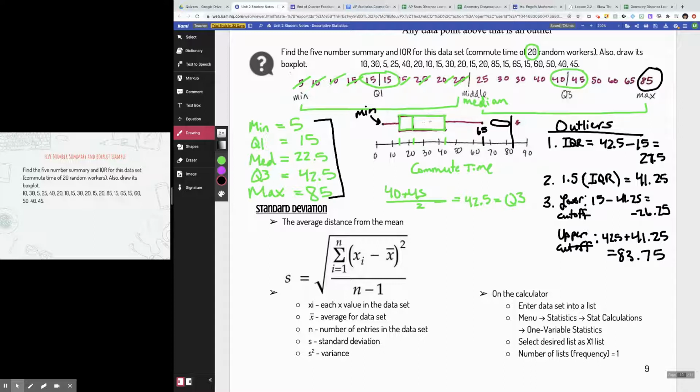and you can also see that you're fitting 25% of the data in each of these spaces, right? So there's 25% of the data between Q1 and the median, 25% of the data between the median and Q3, 25% of the data from Q3 all the way up to the max, and then 25% of the data from the minimum up to Q1.